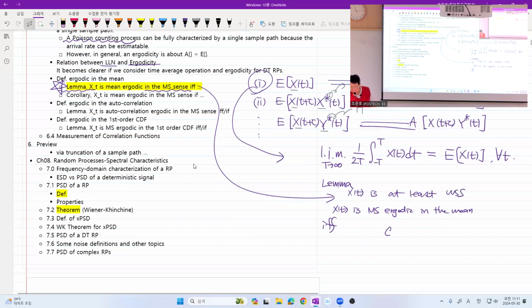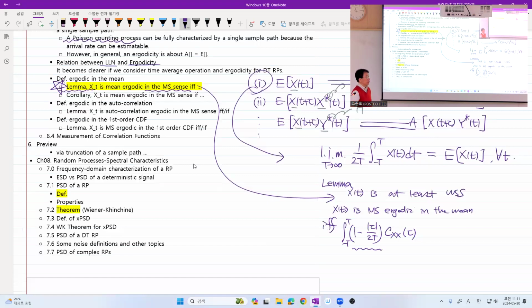The covariance function, autocovariance function as a function of tau, when it is windowed by a triangular pulse. So we have something like this. And then, of course, we may integrate over this interval so that this really becomes equivalently the triangular pulse that ranges from negative infinity to positive infinity, and the tau.